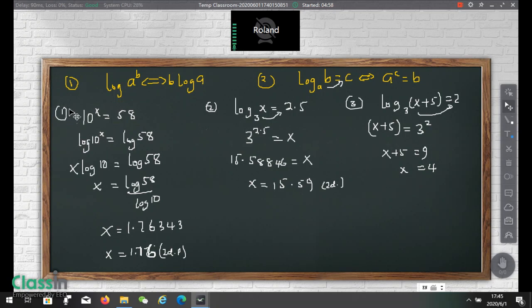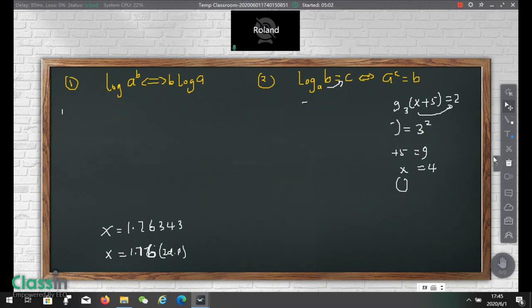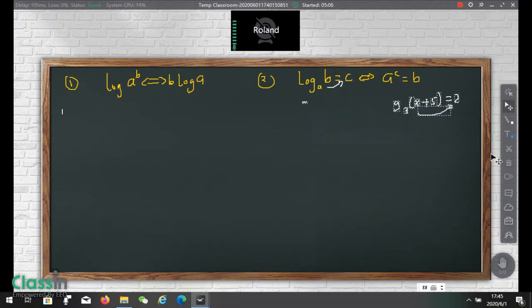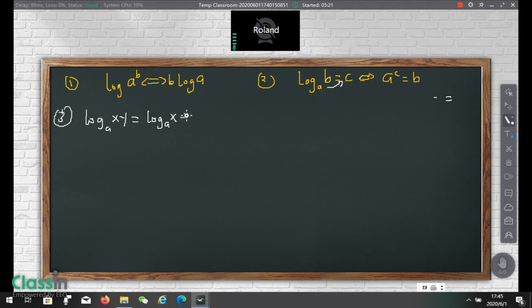Now let's look at some other laws of logarithms. So we've done with these 2 laws. Let's see some other laws. The third law says that if you have log to any base a of xy, it's simply log to the base a of x plus log to the base a of y.